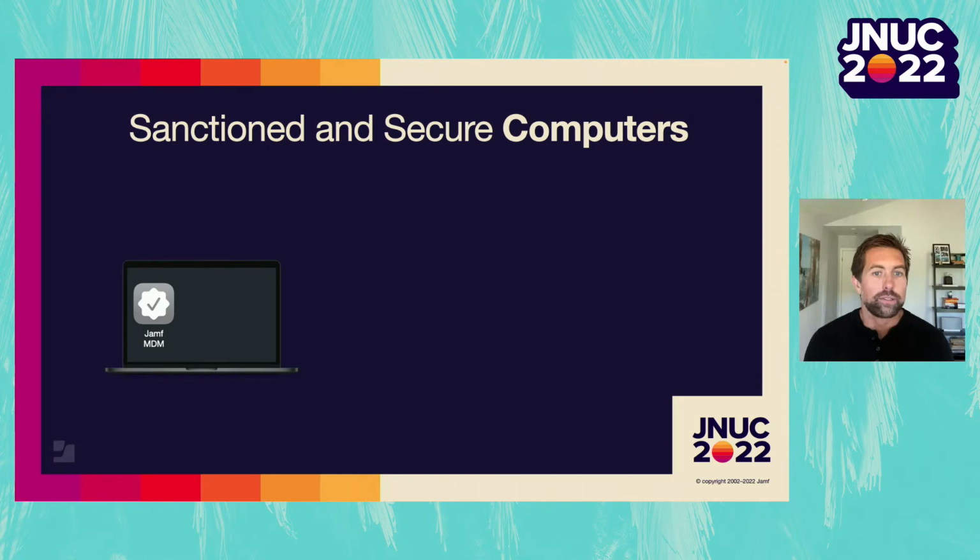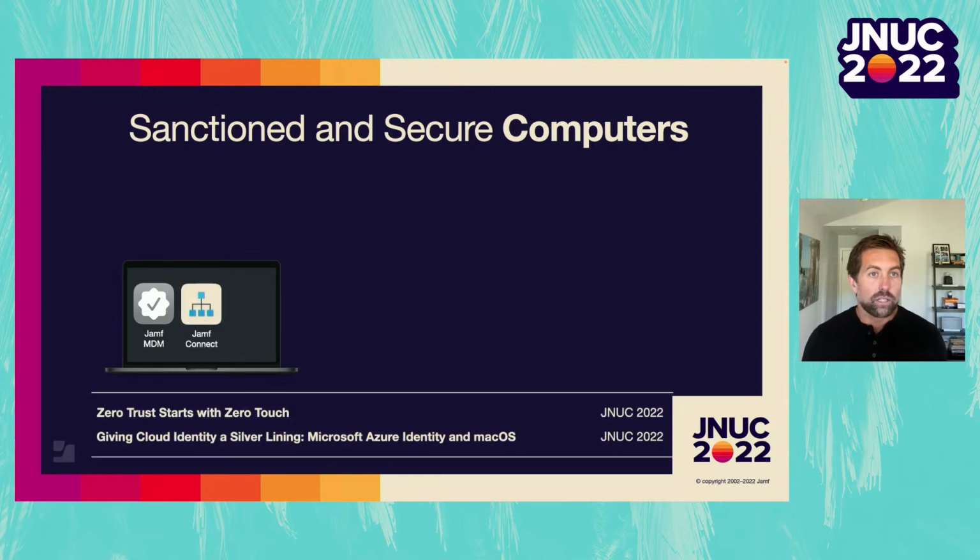Okay, so let's take a look at how this works on a sanctioned and secure macOS device. First thing we do, we deploy Jamf MDM. On a Mac, this is typically done through Apple Business Manager or Apple School Manager for zero-touch deployment. Next, we deploy Jamf Connect, also zero-touch.